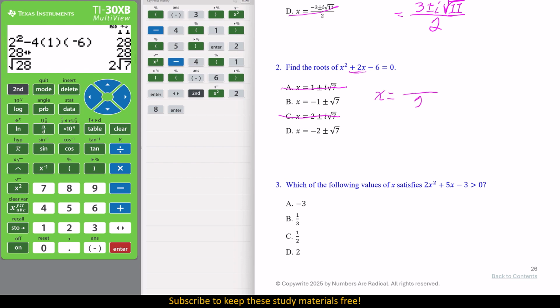Okay, I know I have 2 because 2 times 1. Okay, let's do it correctly there all the way. That's going to be 2. All right, so I'm going to go ahead and put 2 here. And then B is just going to be -2. And then plus or minus 2 square roots of 7.